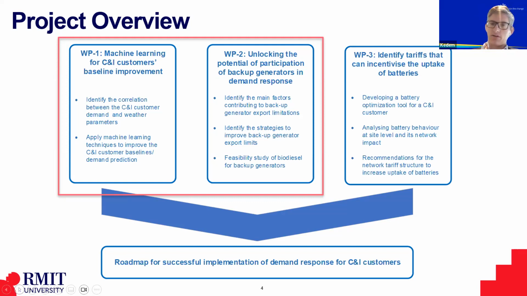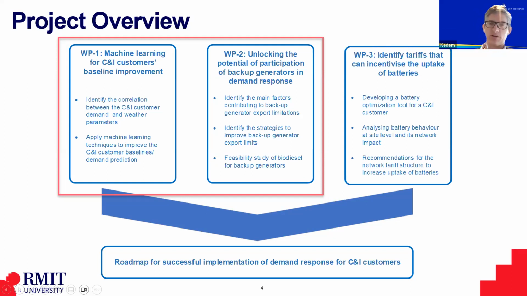Some energy users have gone through the process and can export, but it's a process. And one of the things we're trying to do is identify what the challenges of that process are and what could be done to facilitate it and make it easier. So it's easier for end users to know what the process is, and maybe there are additional solutions they can adopt to enhance the success of enabling the generator to export.